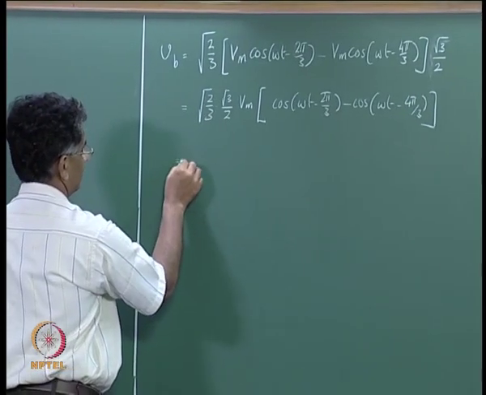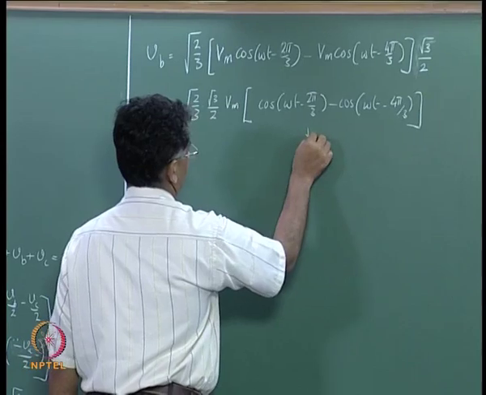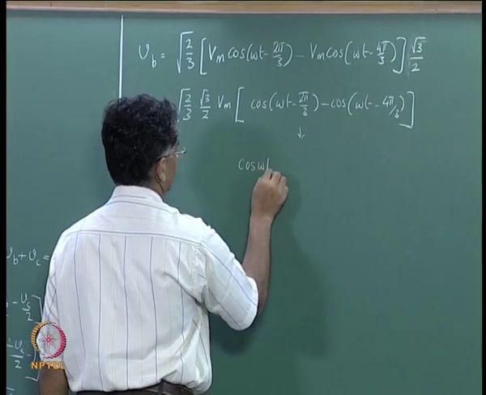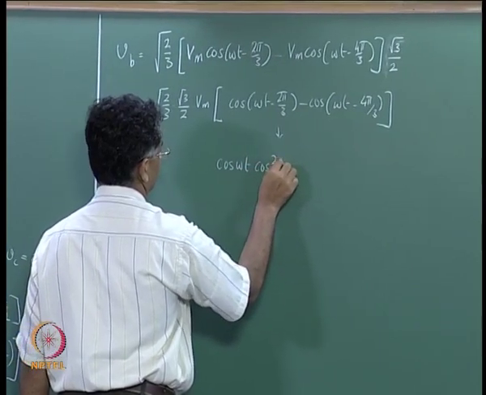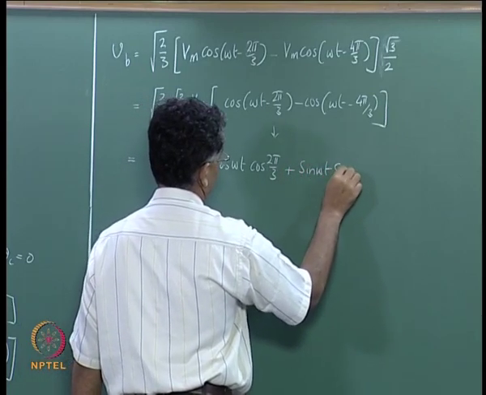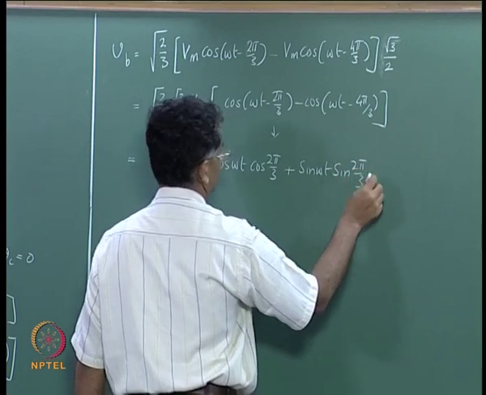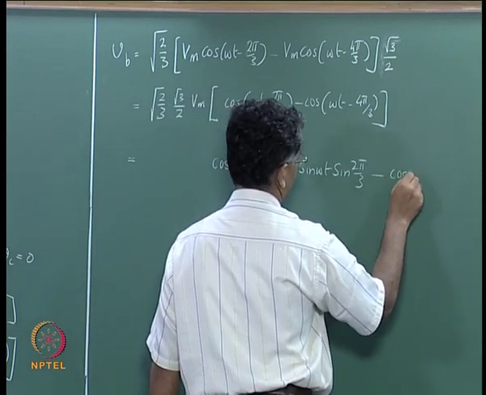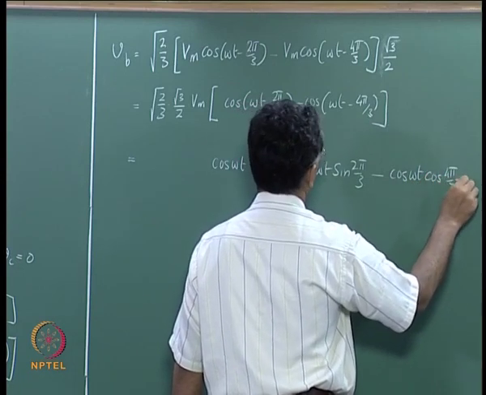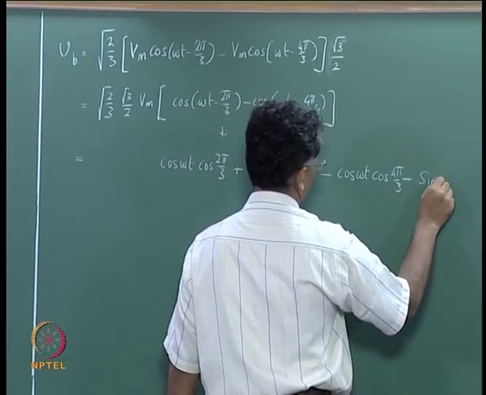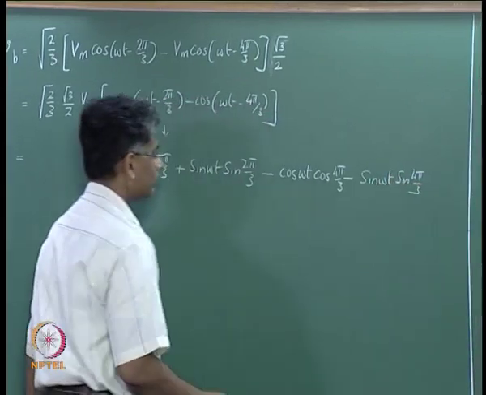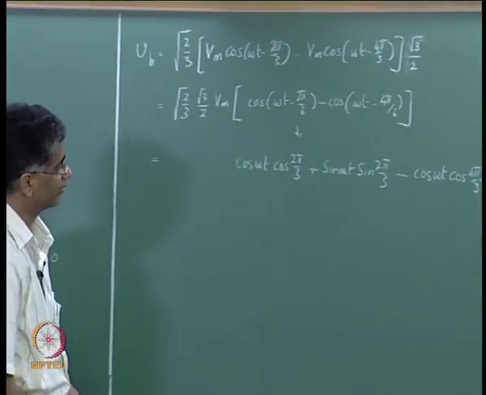So this expression can be written as cos omega t cos 2 pi by 3 plus sin omega t sin 2 pi by 3, and then you have minus cos omega t cos 4 pi by 3 minus sin omega t sin 4 pi by 3, that is what is enclosed in the square brackets.